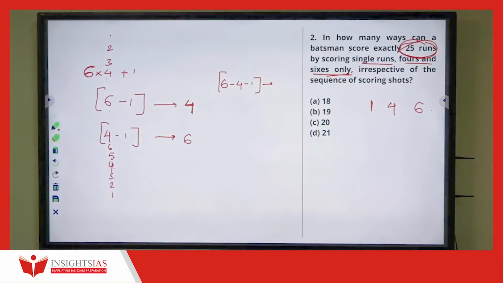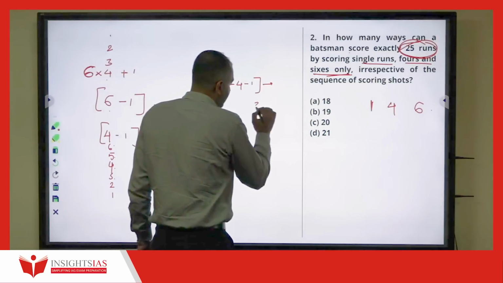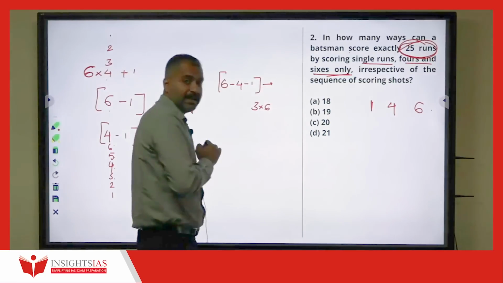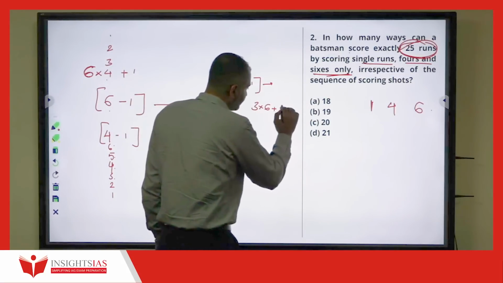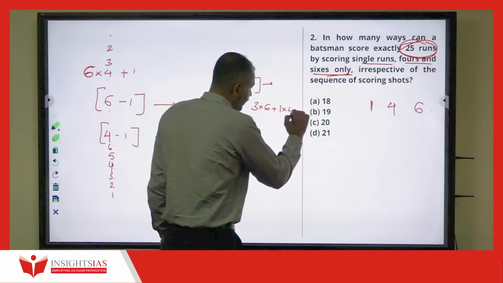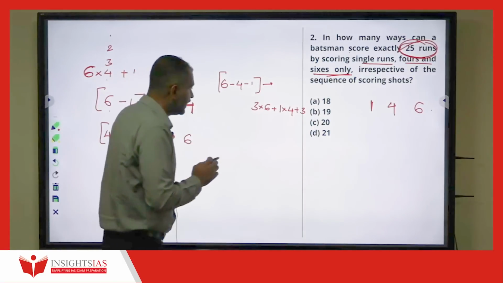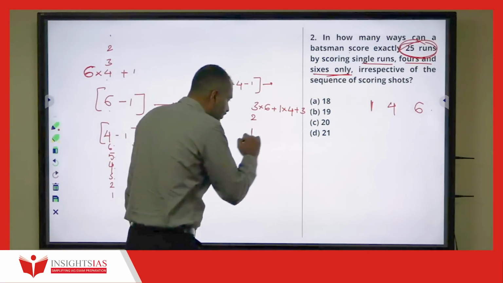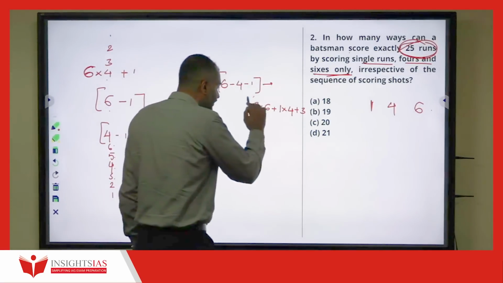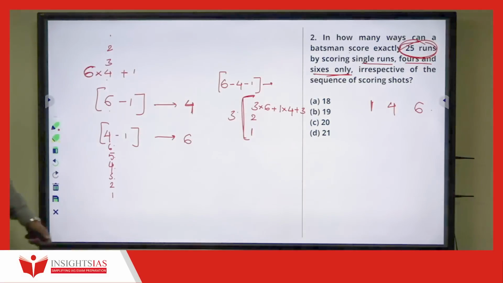How many such? I can hit 3 sixes here, so totally 18, plus I can hit 1 four, 1 into 4, so 22, plus the remaining 3 singles. If 3 sixes are there, 2 sixes are also possible, 1 six is also possible. So totally this is 3 in number.